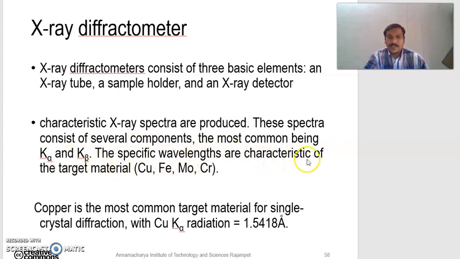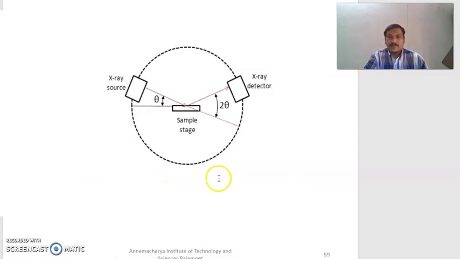These specific wavelengths are characteristic of the target material: copper, iron, molybdenum, chromium. So here is the X-ray diffractometer. Three important devices are the X-ray source, the sample stage, and next, the X-ray detector.